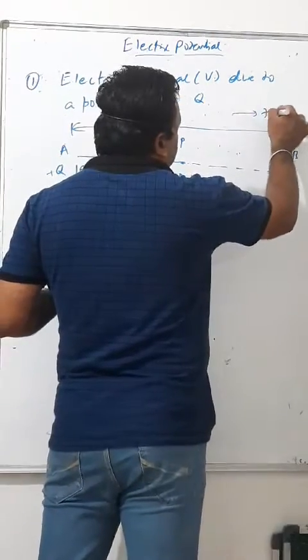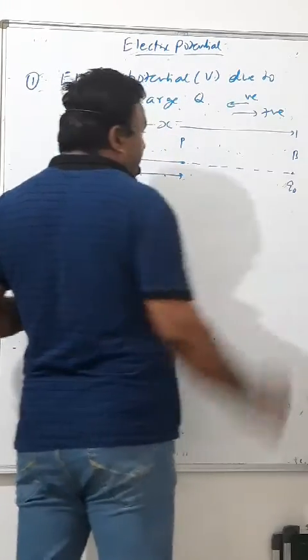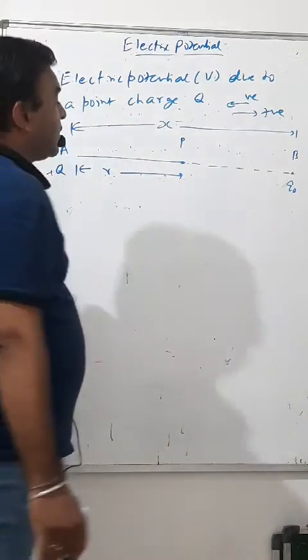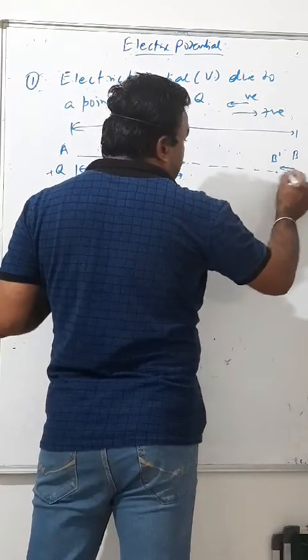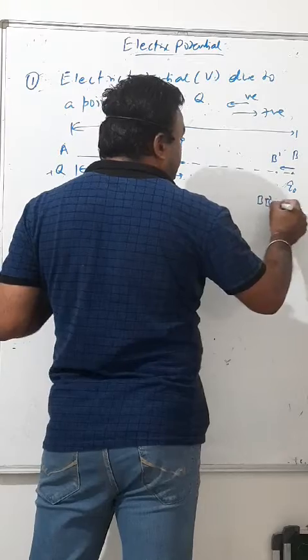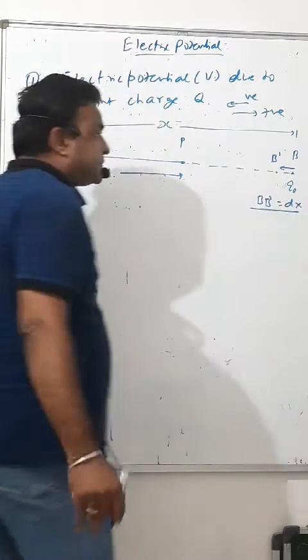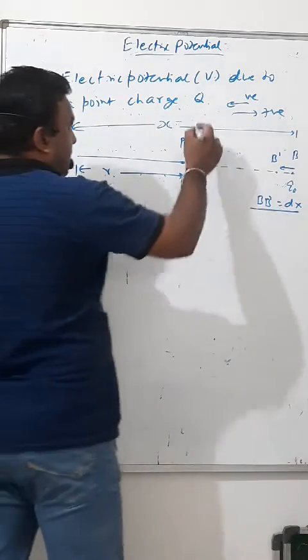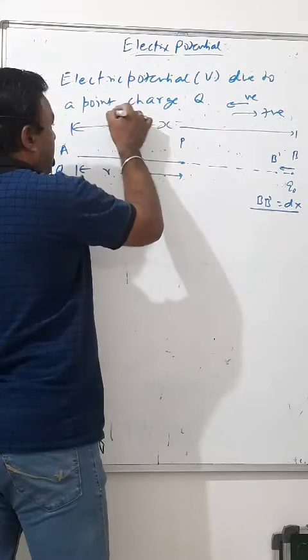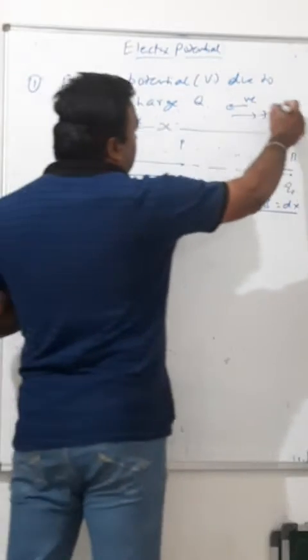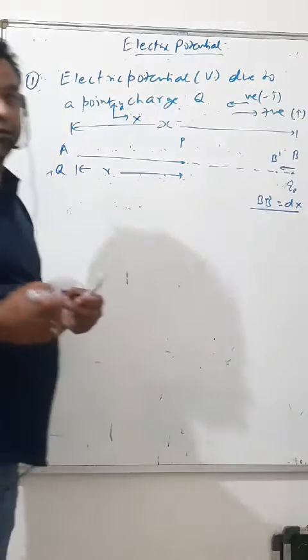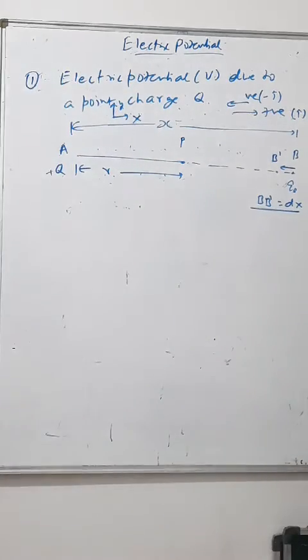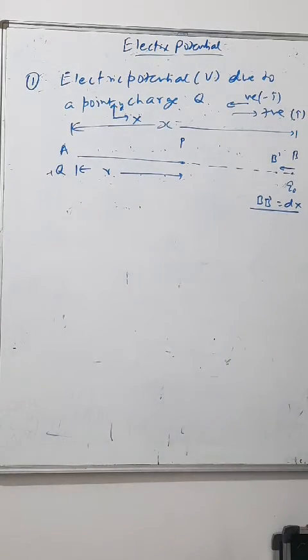This direction I am taking positive, this direction negative. Suppose I take this as the x-axis and this as the y-axis, then this direction is i cap and this is minus i cap. Because it's along one line, we can easily assign positive and negative directions.